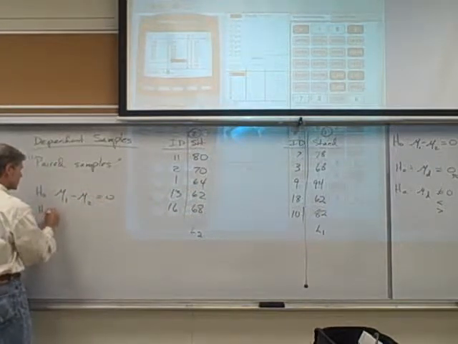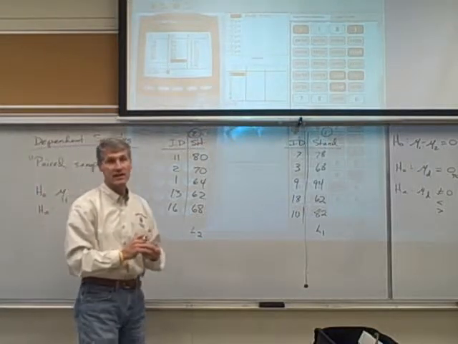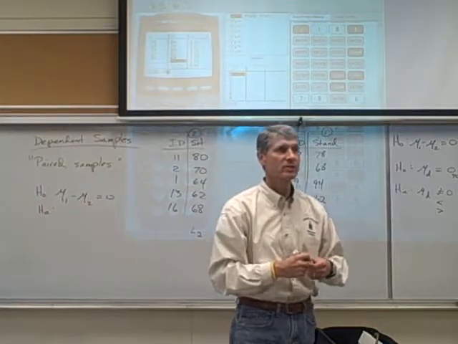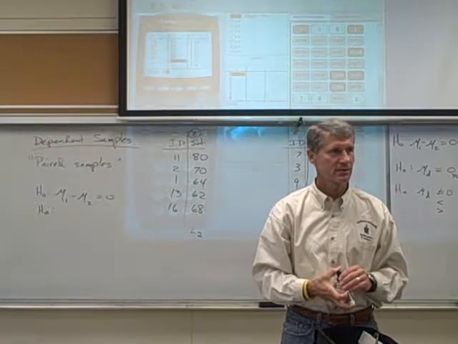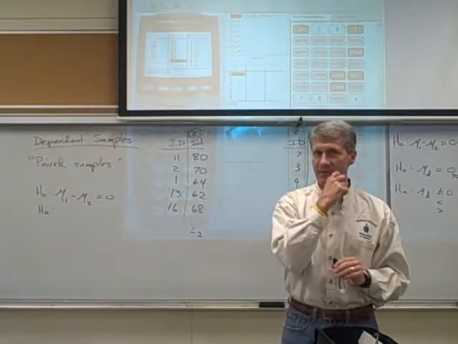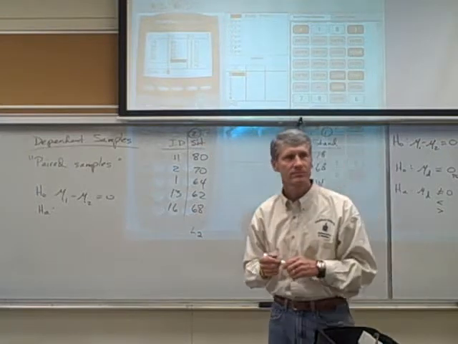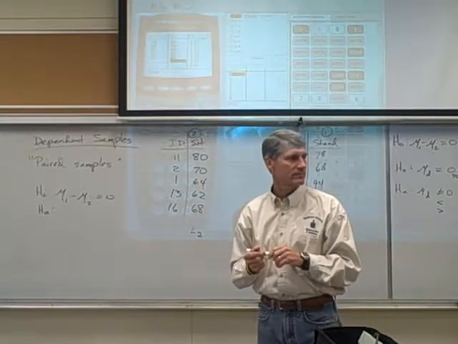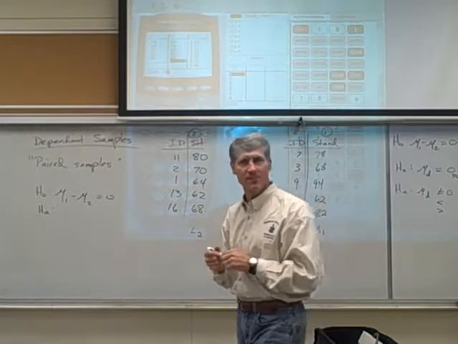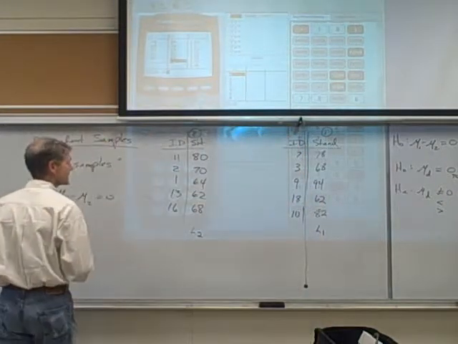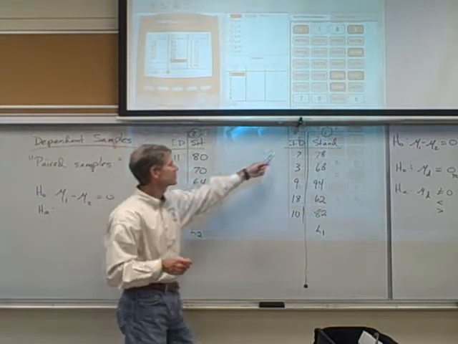Now everybody told me before we started this, those that had an idea about it, that standing heart rate was going to be higher. So that's what I want to test. Is it higher? So tell me how to set up my alternative. mu1 is greater than mu2, where mu1 is group 1.